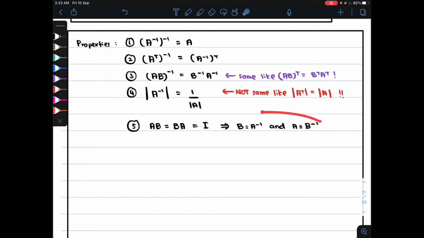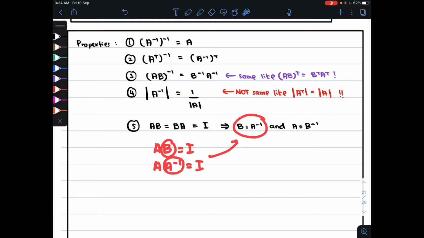Okay, macam mana Miss boleh dapat conclusion ni? Reason dia adalah, recall balik, A darab dengan A inverse, dia akan bagi pada kamu I. B darab dengan B inverse akan bagi pada kamu I. So, kalau kamu ada AB equal to I, ini maksudnya mesti dia A darab dengan A inverse equal to I kan? Bermaksud B adalah A inverse. This one.